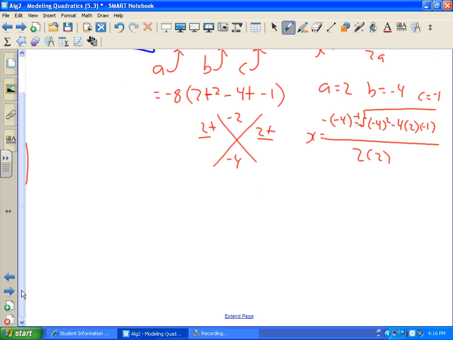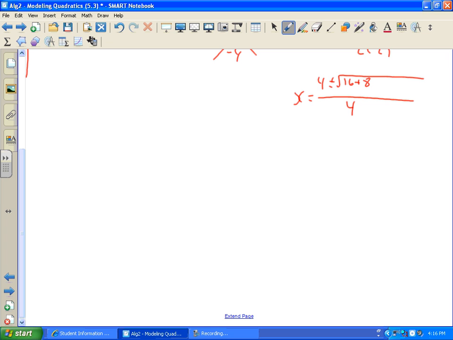Go ahead and simplify this. X is going to equal 4 plus or minus the square root. And negative 4 squared is 16. And then we've got 16. That is a negative 4 times a positive 2, negative 8. Negative 8 times negative 1 is positive 8. And that's going to be over 2 times 2, which is 4. At this point, we need to finish this.